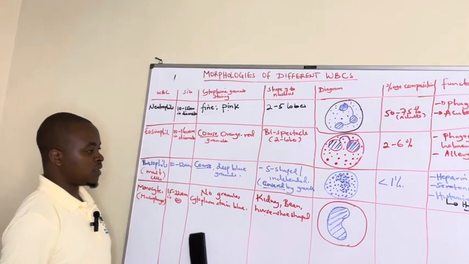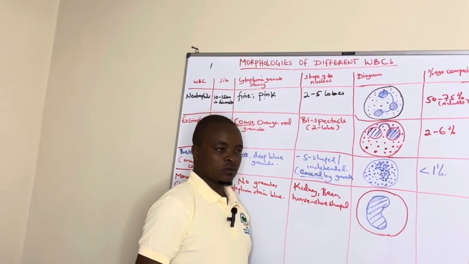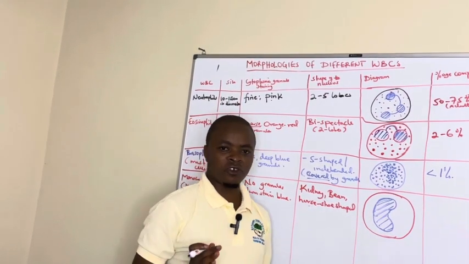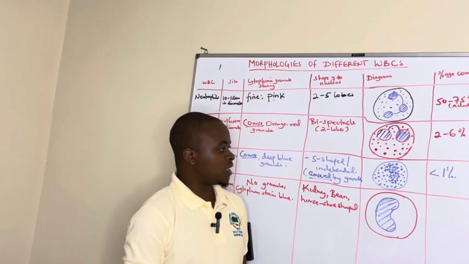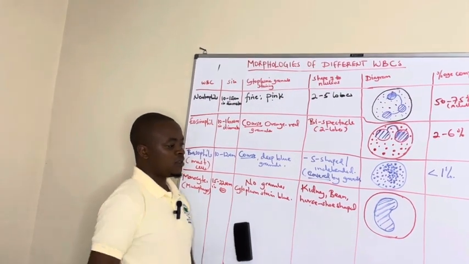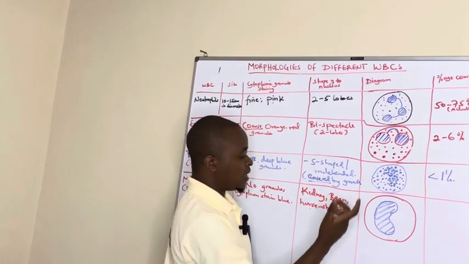So this is the monocyte, and the cytoplasm stains blue. Even when you are drawing, you have to make sure that the drawings match the sizes. If we are saying it is the largest, then we should see that in the drawing.